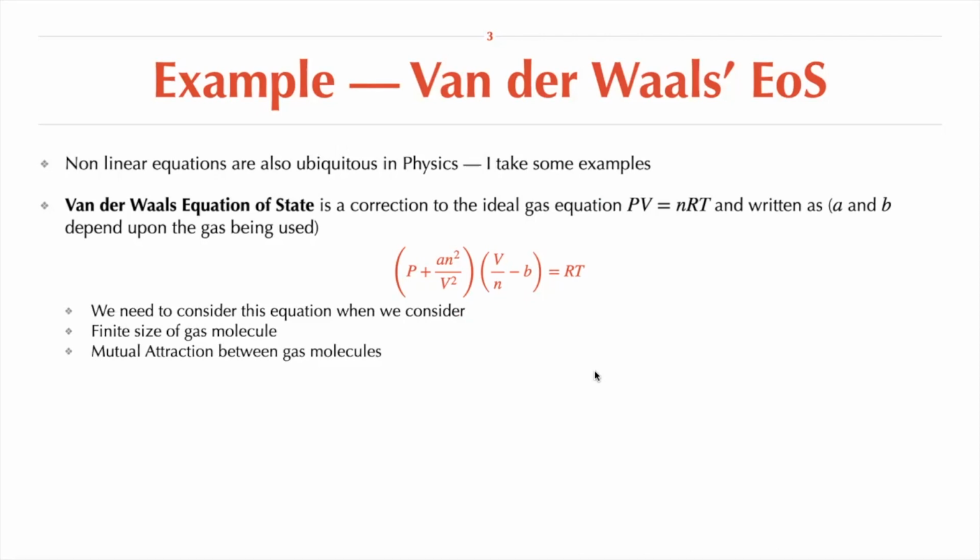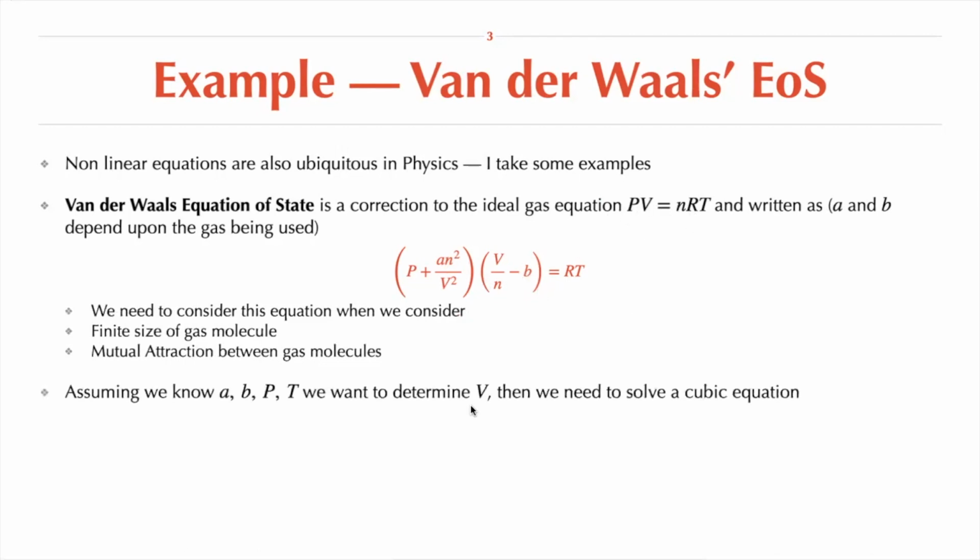But when you consider that the gas molecule size is finite and also there is mutual attraction between the gas molecules, then this equation takes this form. When you take a and b to be 0, you get back the ideal gas equation. Now if you assume that you know the pressure, the temperature, a and b, how do you calculate the volume? In that case, you will get a cubic equation.